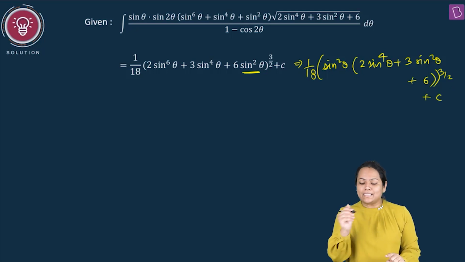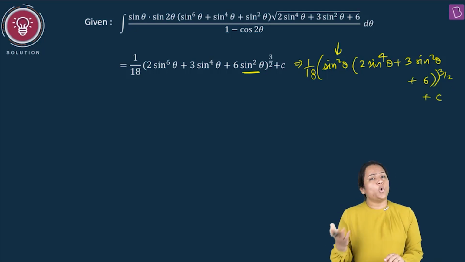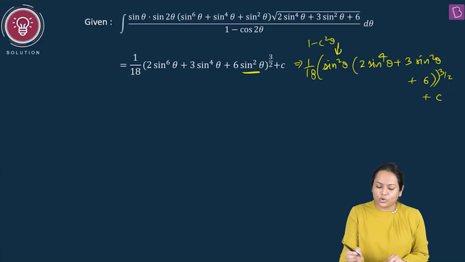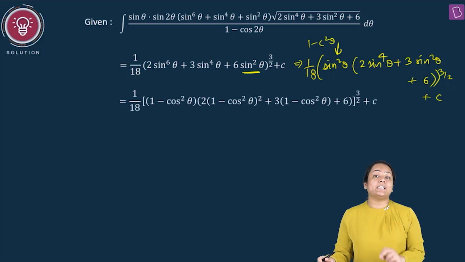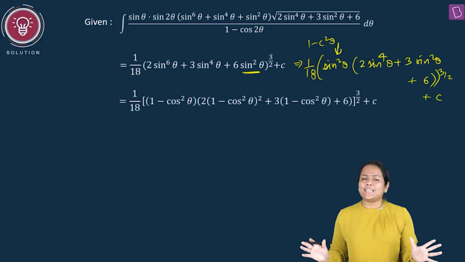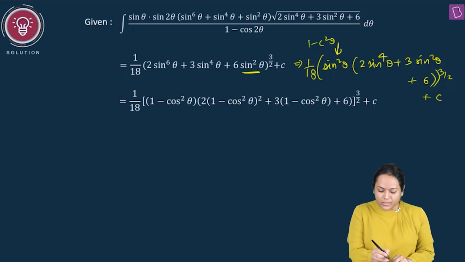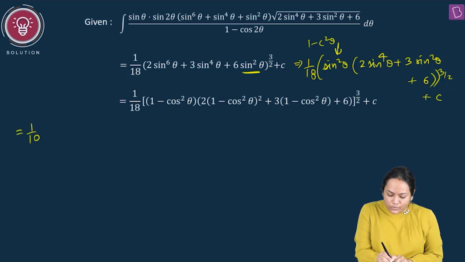Now I'll write sine square theta in terms of cos square theta. Sine square theta definitely can be written as 1 minus cos square theta, isn't it? So when I substitute this, I'll get this term. And now I have to just expand and simplify this part. So let's quickly do that also.